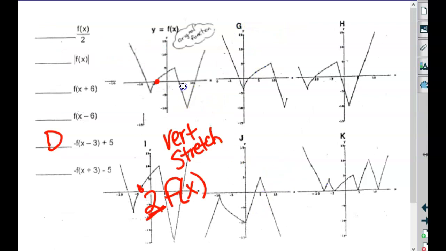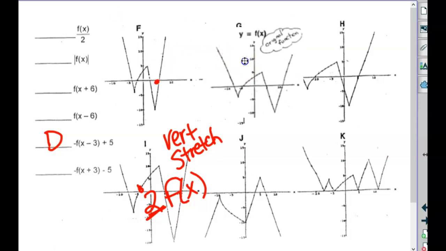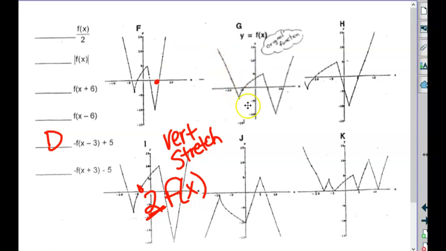This one is from the original. Let me move the original over here. Comparing it to this one, it's definitely upside down. But I would say it is also shifted because if I sketch this upside down, it's just going to be here and here.